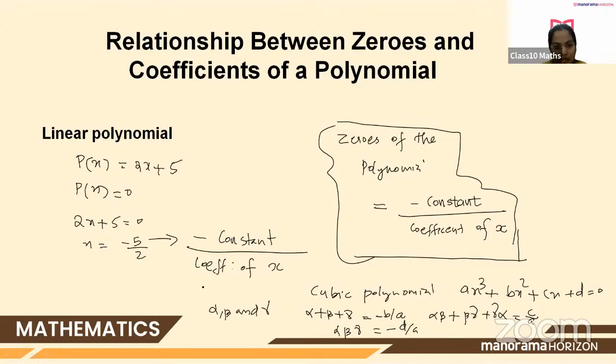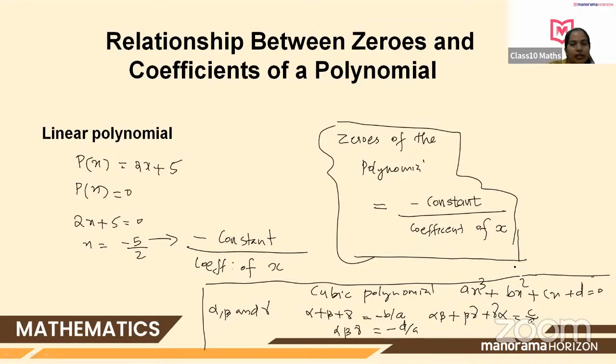So this is the relation of zeros and coefficients of a cubic polynomial. Okay. So these are the relationships between zeros and coefficients of linear, quadratic, and cubic polynomials.